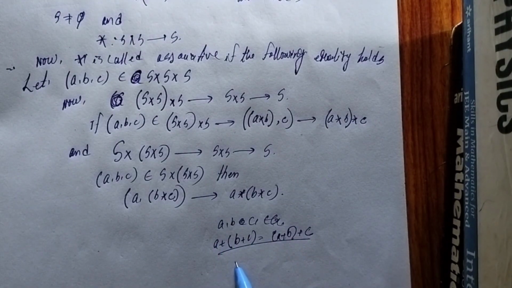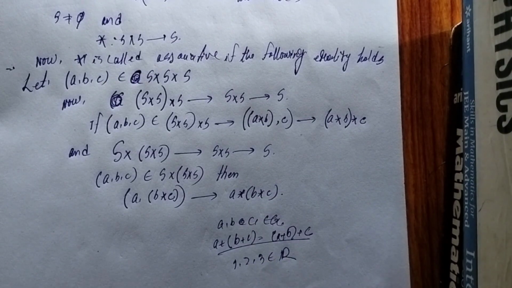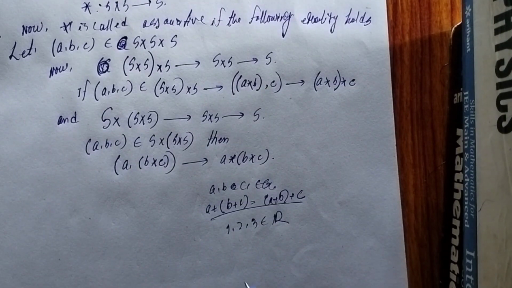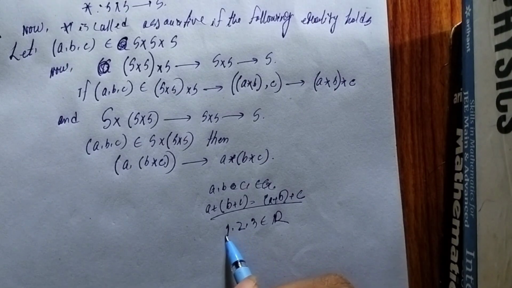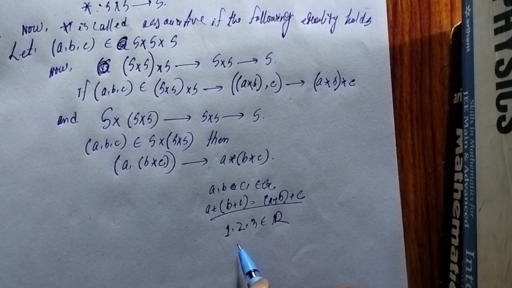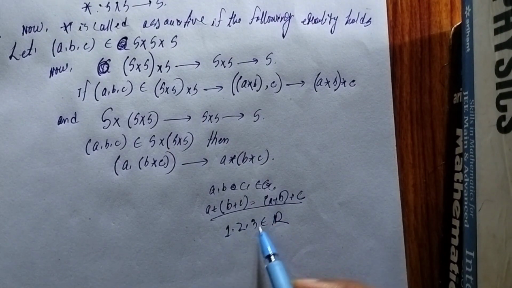Let's say 1, 2, 3 belong to R. R is a group under addition, so it is closed under addition. If we say that R is associative in that case, there is no doubt about it. But the problem here is that there is no order in the elements.